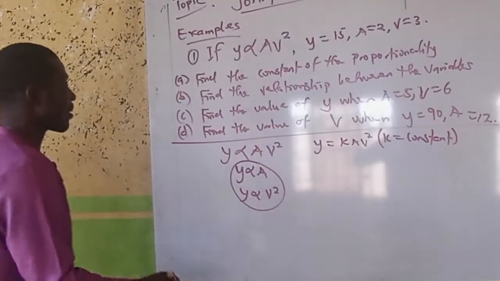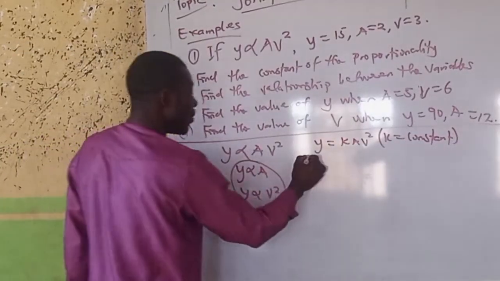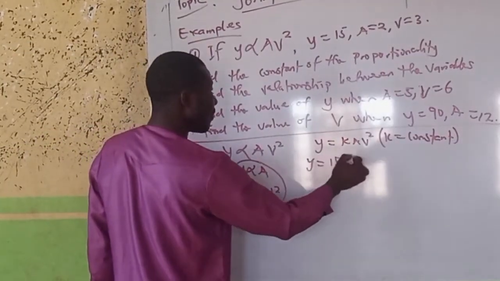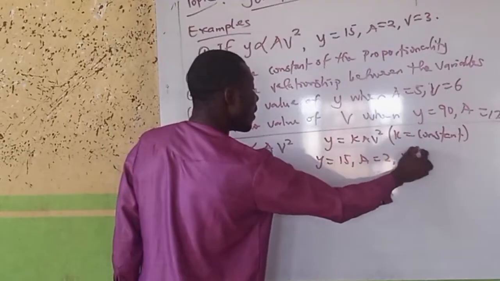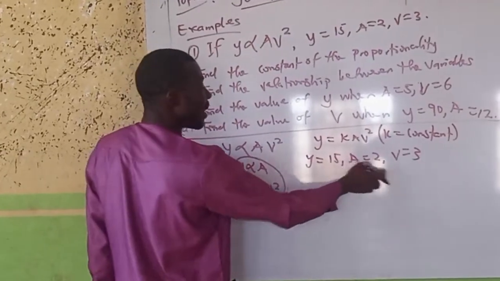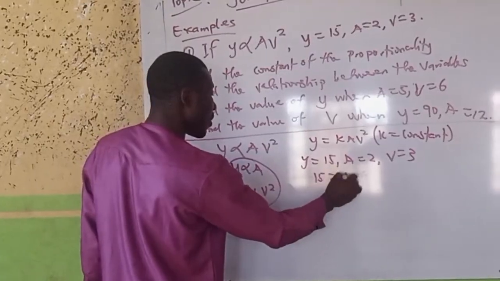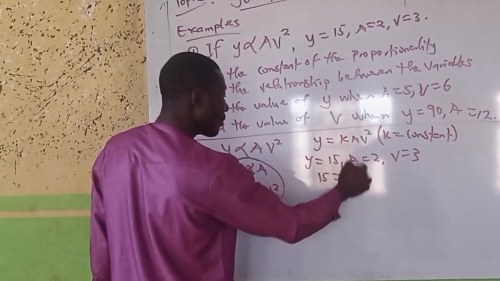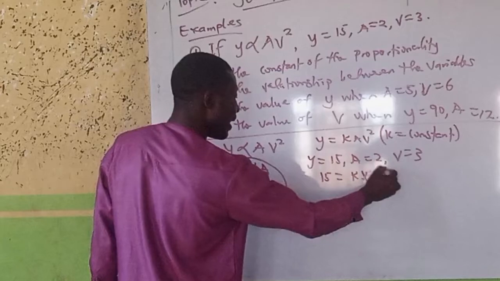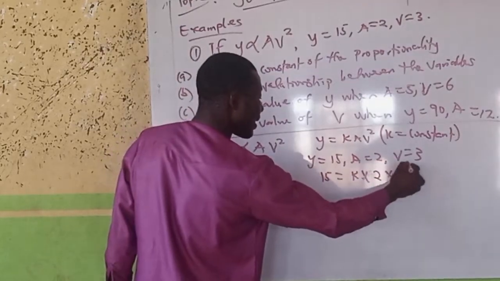We are given some values: y equals 15, a equals 2, v equals 3. Let's substitute these values into this equation. That means 15 equals k times 2, which is a, times 3 squared, which is v squared.